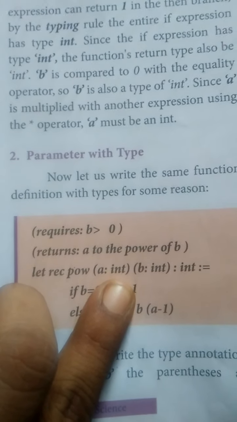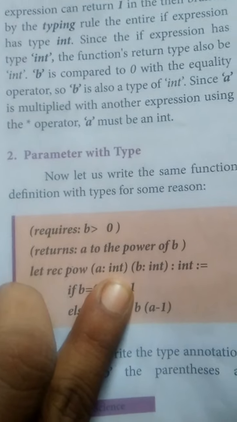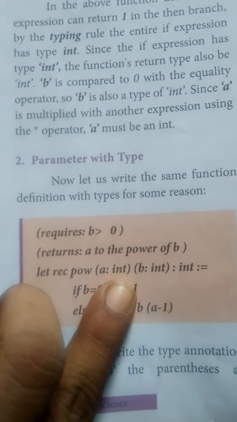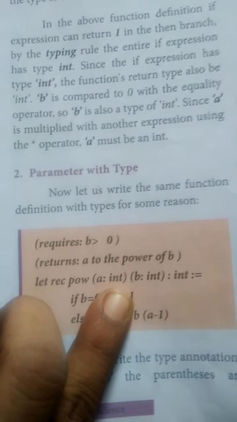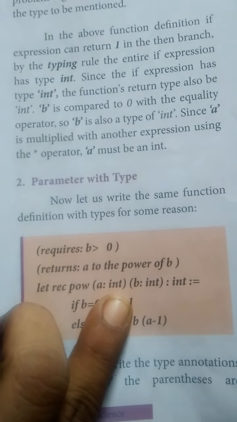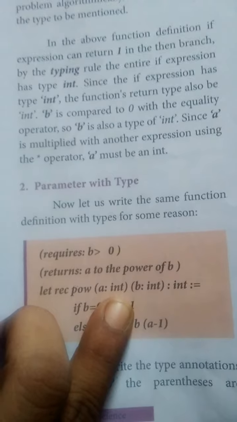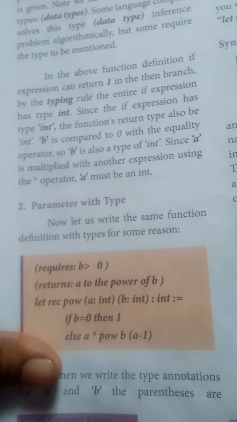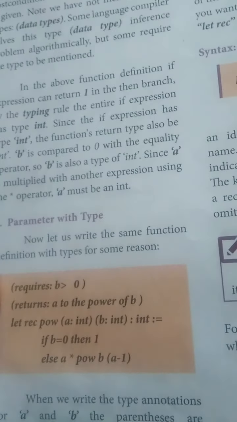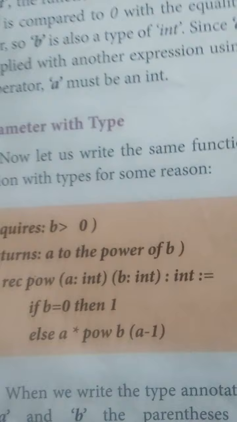If the expression has type int and the function returns type int, the expression is going to be an integer value, which means my output is also going to be an integer value. This is a parameter with type, and the previous one is called a parameter without type.